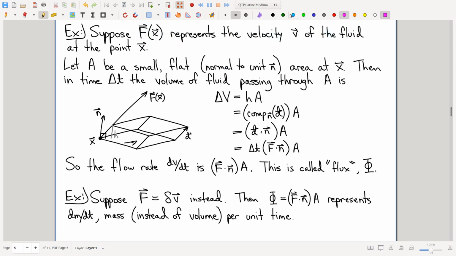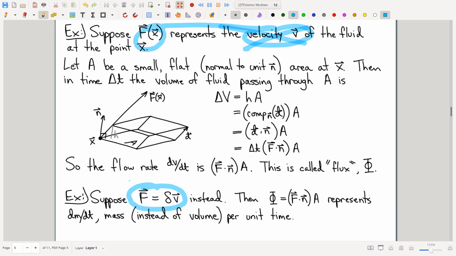Let's suppose that instead of velocity, our vector field represents the fluid by way of density times velocity. Seems like an odd construction, kind of weird, but let's suppose you do that.